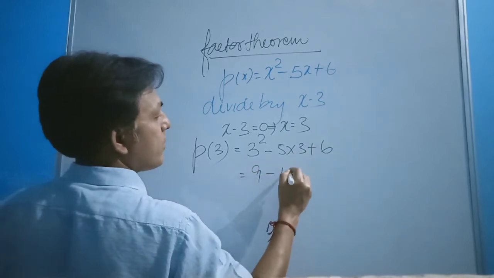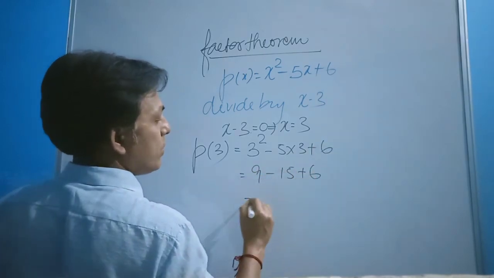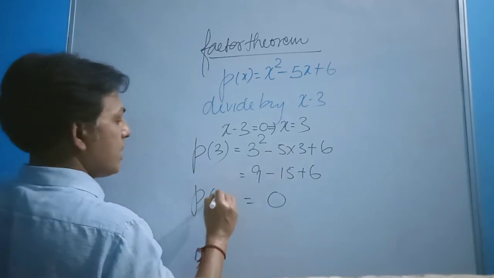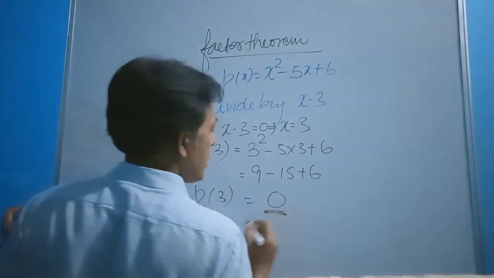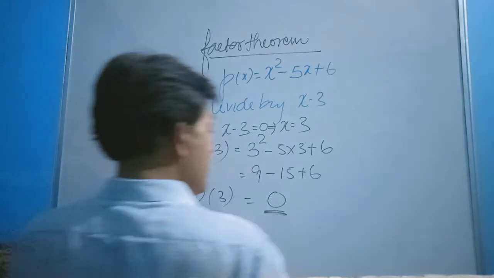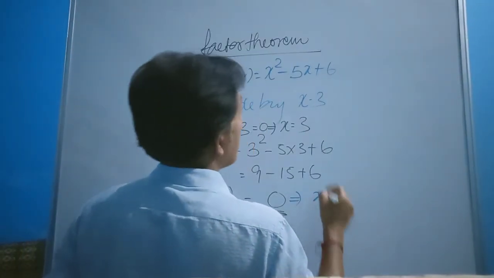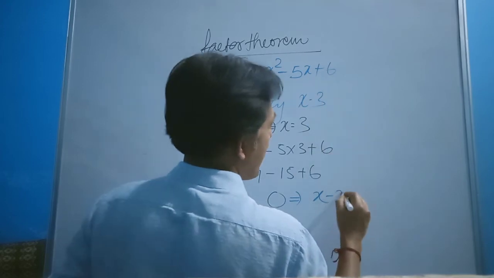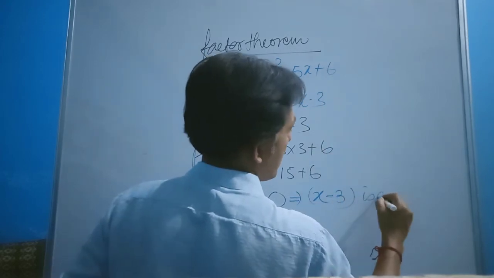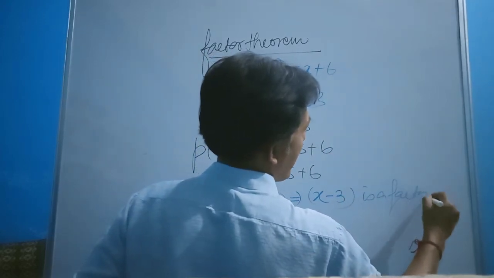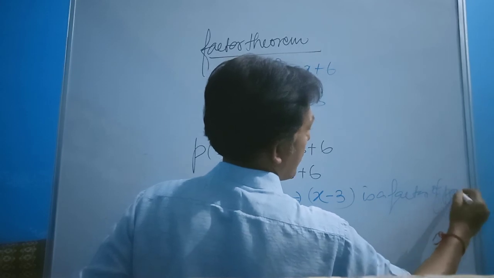Solve it and you will get 0. So what is the value of the remainder? 0. So what will be the conclusion? Conclusion will be this, that x minus 3 is a factor of p(x).